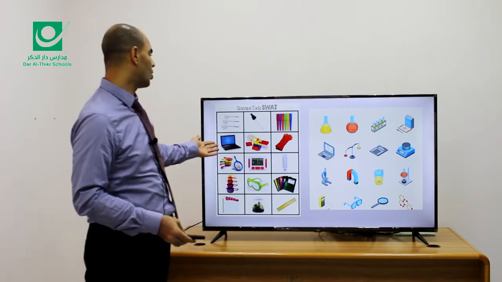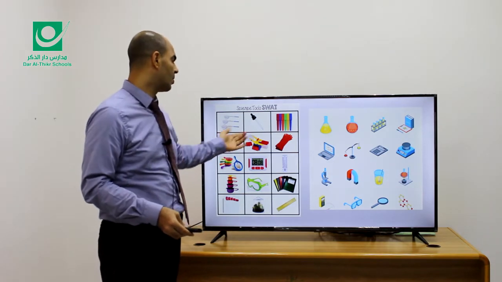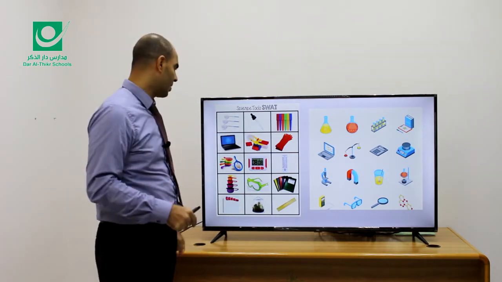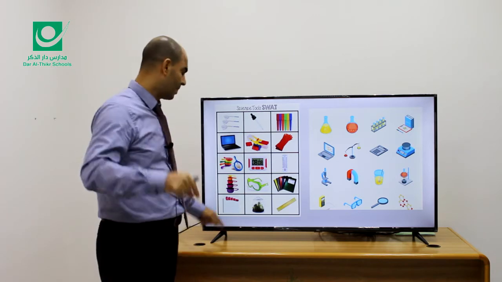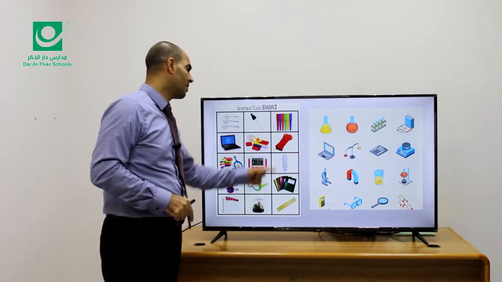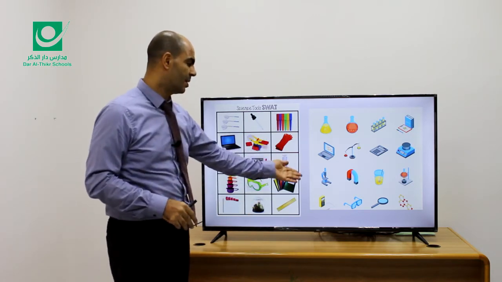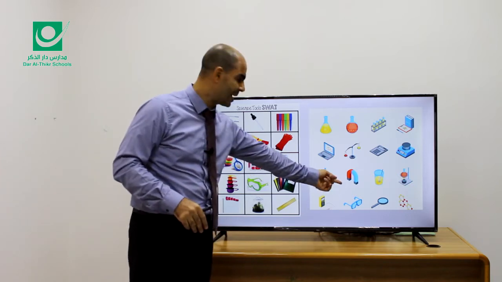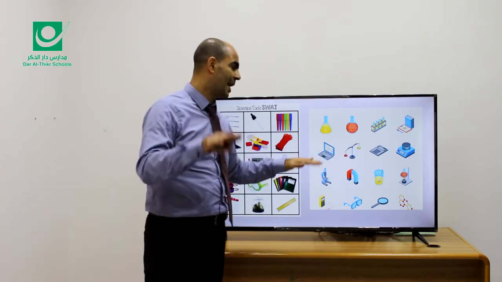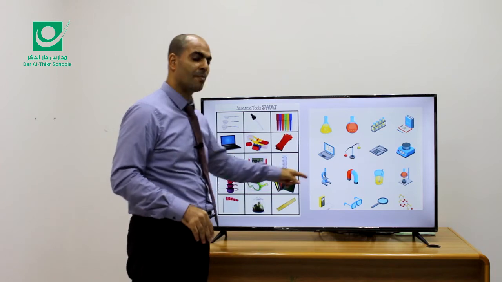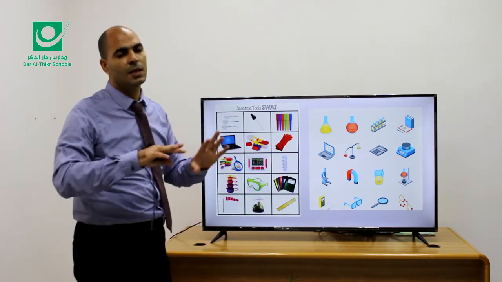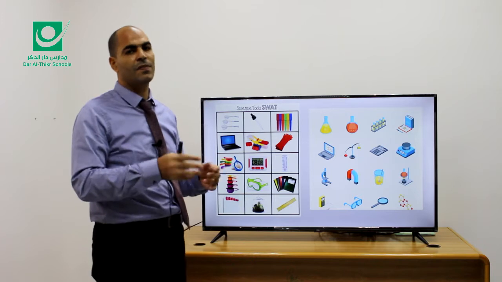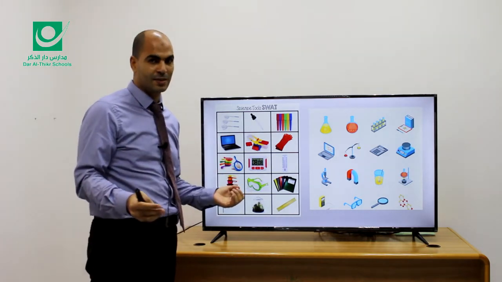You can find a laptop, a dropper, goggles, a ruler, gloves, you see, a magnifying glass over there, scales, you see, a microscope. So we need a lot of different stuff and tools for doing science, okay?